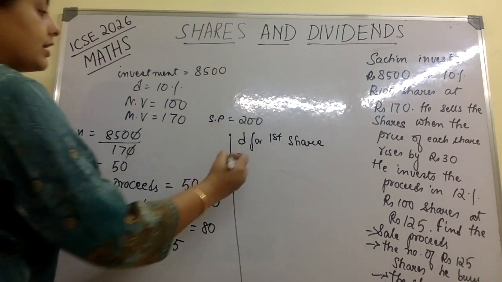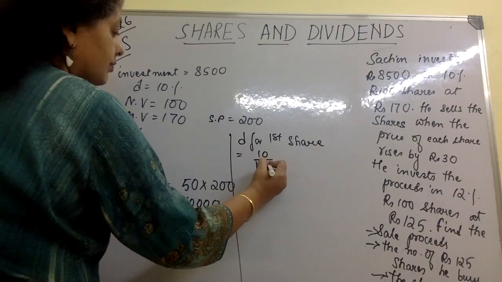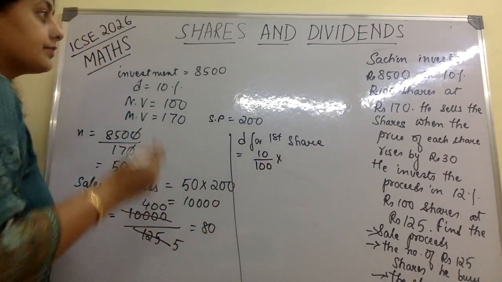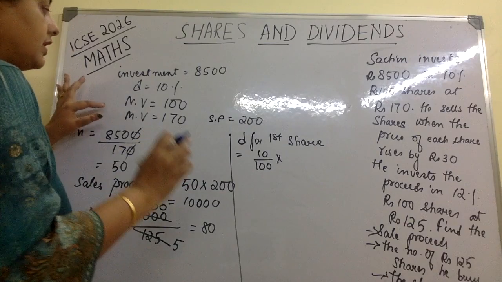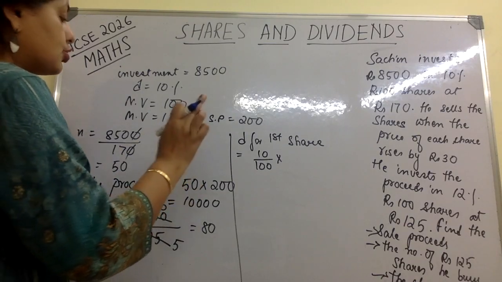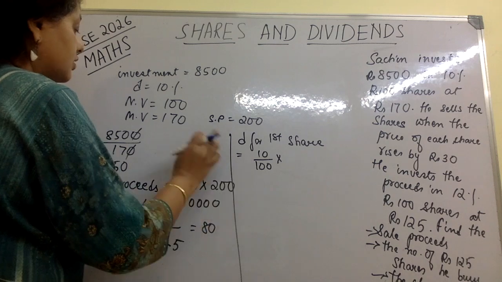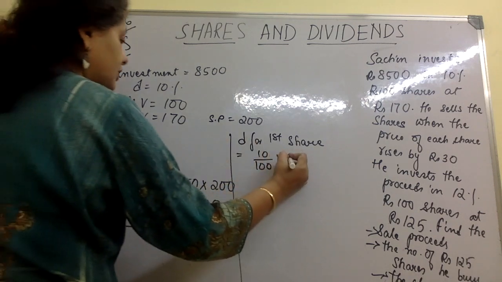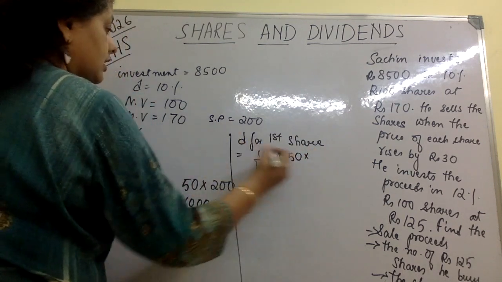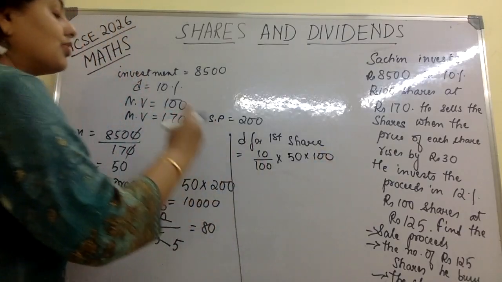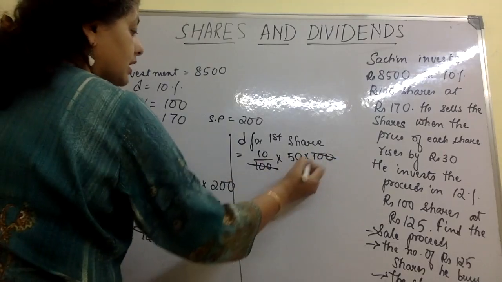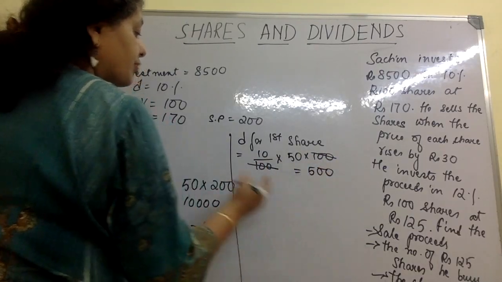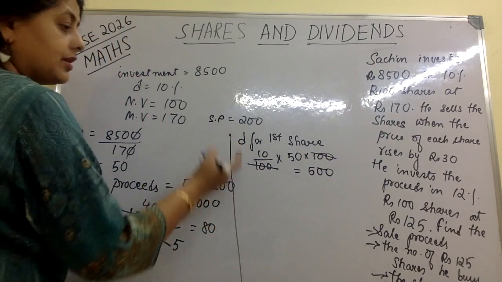It was a 10% share. 10% into the total nominal value. He had 50 shares with him, and it was a 100 rupee share. So here you don't have to specially write another statement for total nominal value and all that. So he had made 500 rupees from the first share as his annual income.